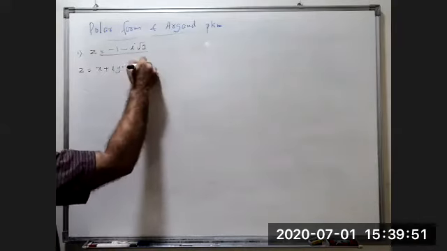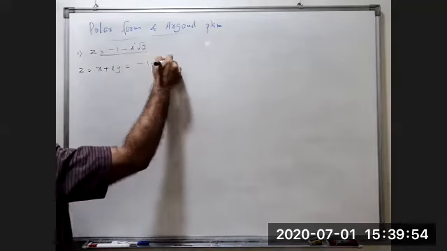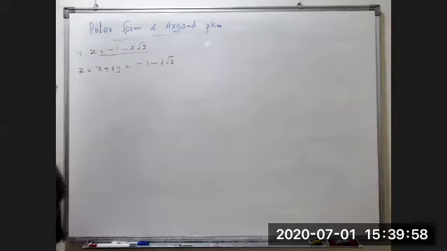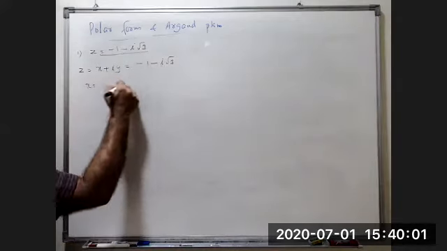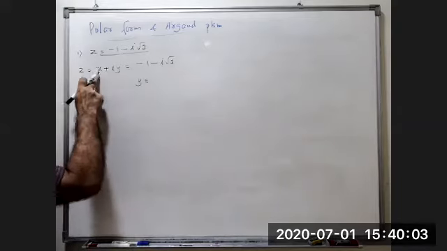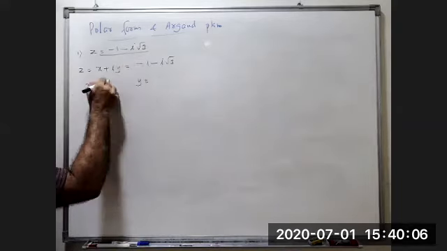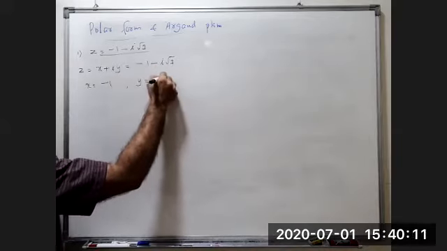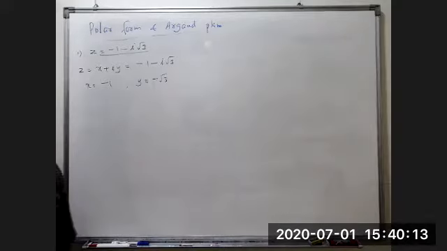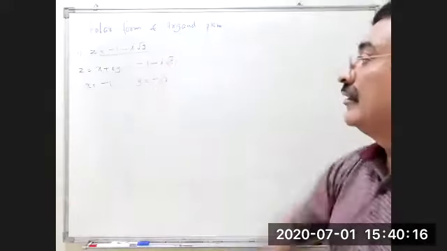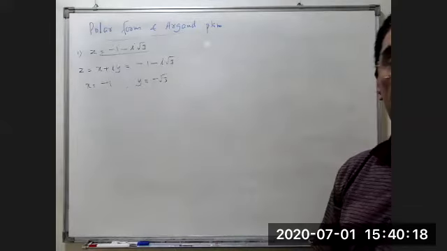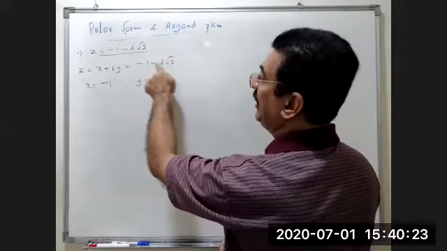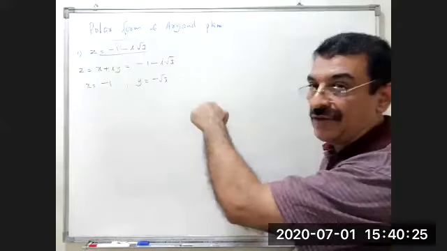Instead of x plus iy, we got minus 1 minus i root 3. We can write the values of x and y very easily. What is x? X is the real part, minus 1, and y is the imaginary part, minus root 3. For every complex number x plus iy, x is the real part and y is the coefficient of i.